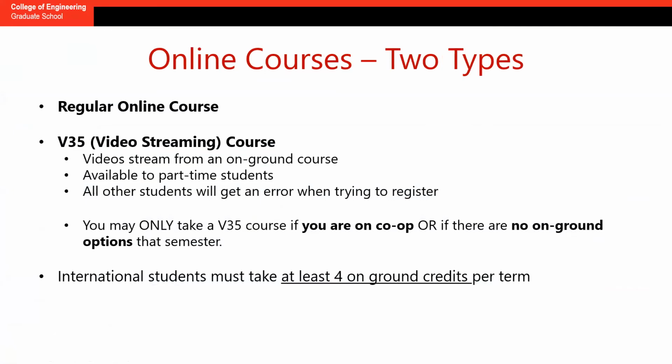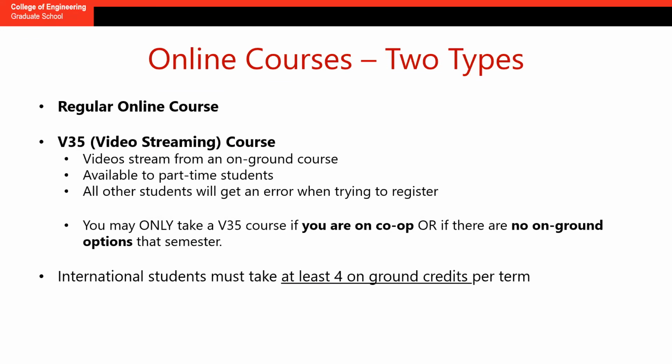Okay, so there are two types of online courses. As I showed you in the example, IE 6200 had an online designation. There's a regular online and there's also a V35 section. The difference between the two is that V35 is specifically meant for part-time students and is a recorded stream of a real class.